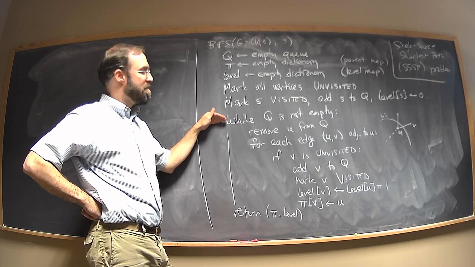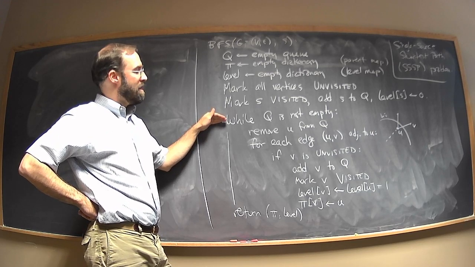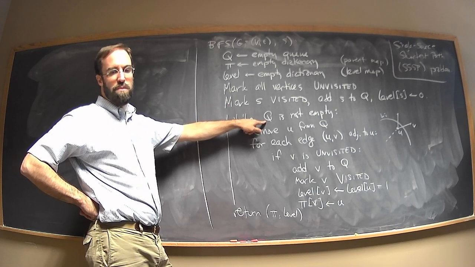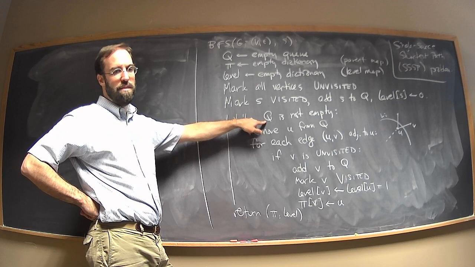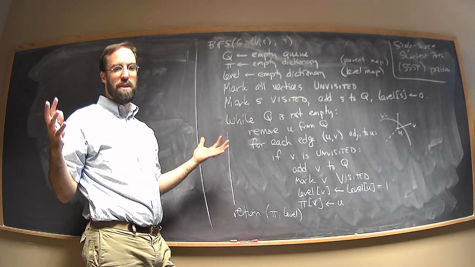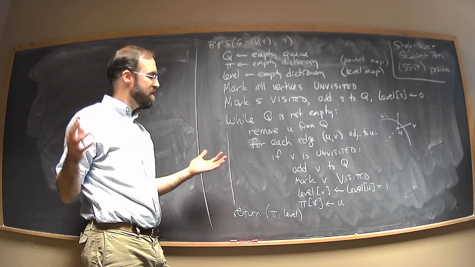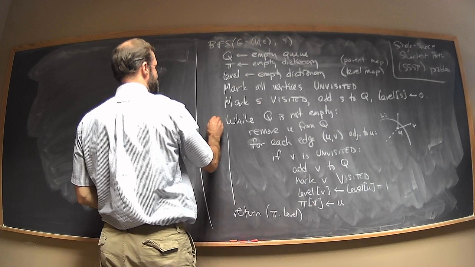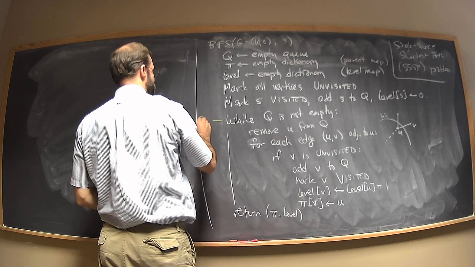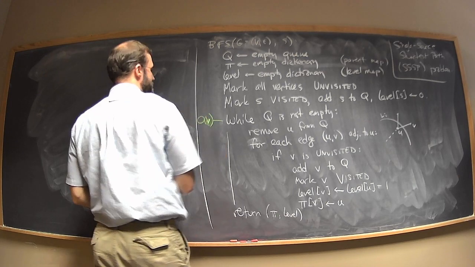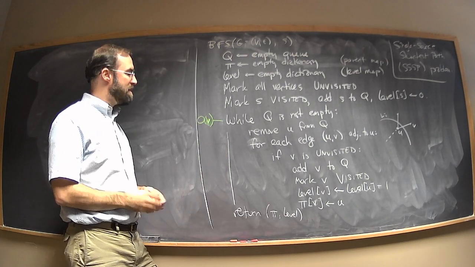Right, the number of vertices, because we only ever take each vertex out of the queue once. Once it's been put in the queue, we never put it in there again because we mark it as visited. And if the whole graph is connected, then we're going to get to all the vertices eventually. So that's easy. This loop is O of n. Actually, I'm not going to put n; I'm going to say O of v, where v just means the number of vertices.